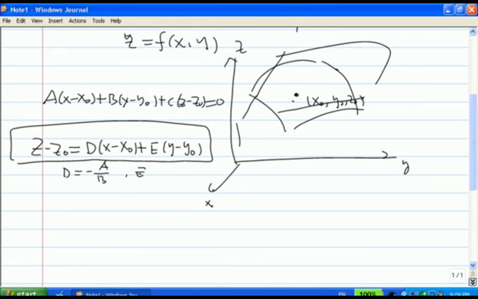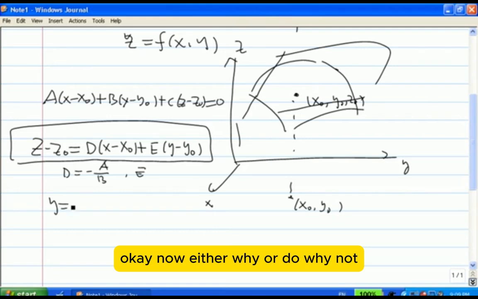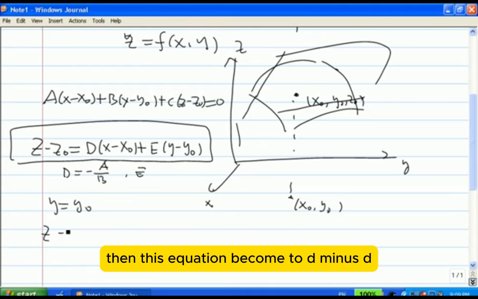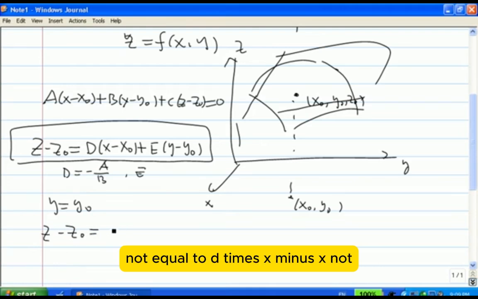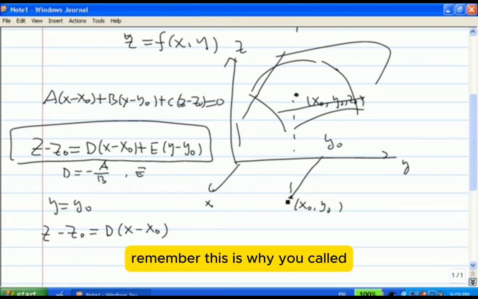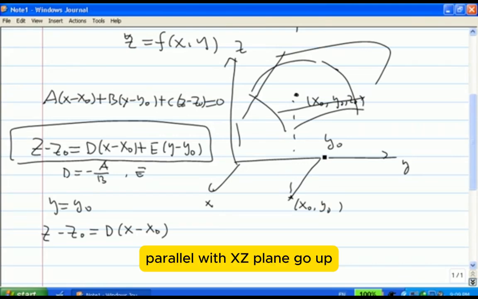Now, go down here, this is the point x0, y0. Let y equal to y0. Then this equation becomes z minus z0 equal to d times (x minus x0). What does this mean? Remember, y equal to y0 gives you a plane parallel with the xz plane.